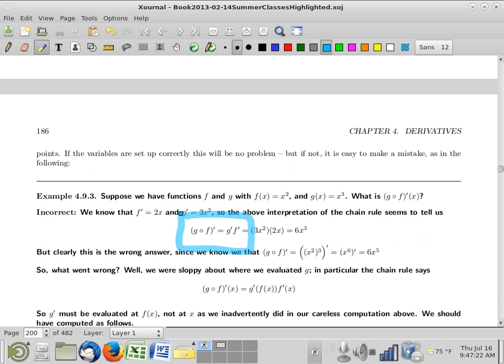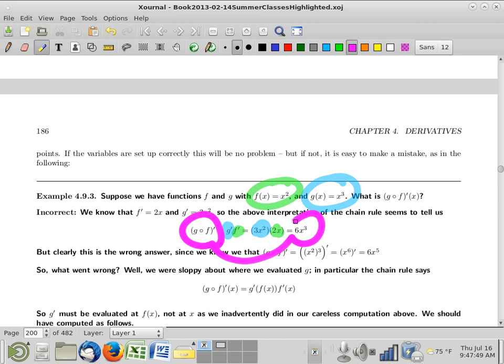There's some issue with where you evaluate them, but if you write that down without evaluating correctly, the derivative of g is 3x squared, the derivative of f is 2x, and you multiply, and that would seem to suggest that the derivative of the composition is 6x cubed. But we know that's wrong. We know the composition is x to the 6th, and the derivative is 6x to the 5th.